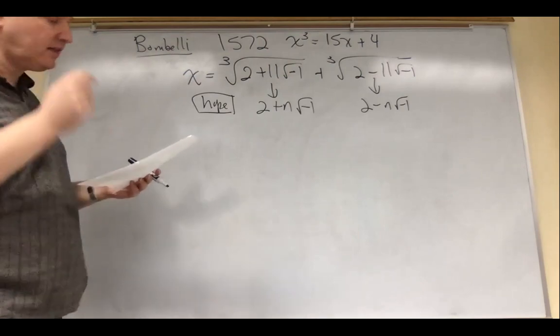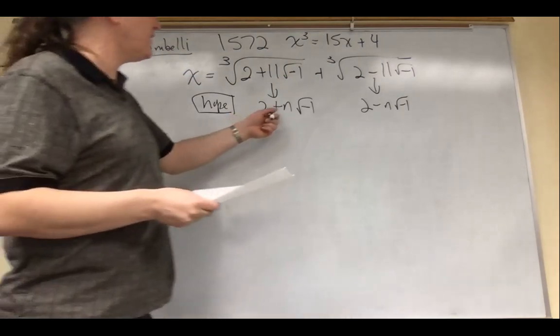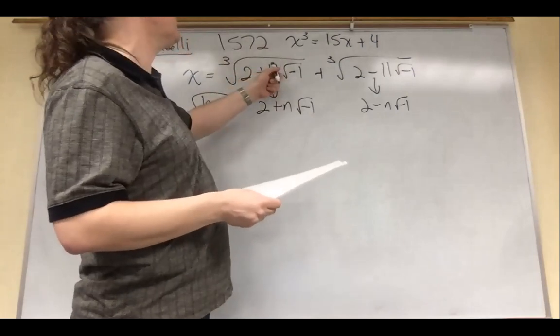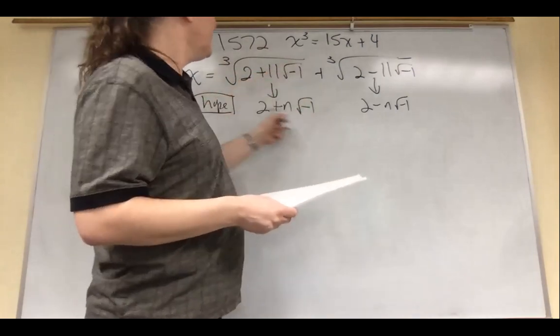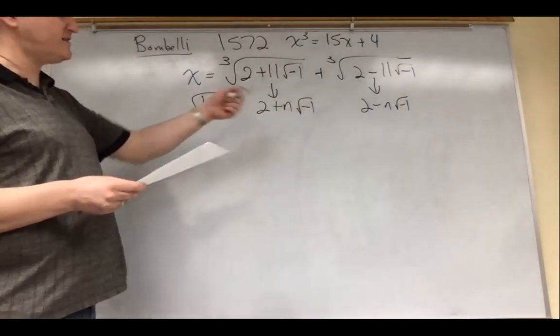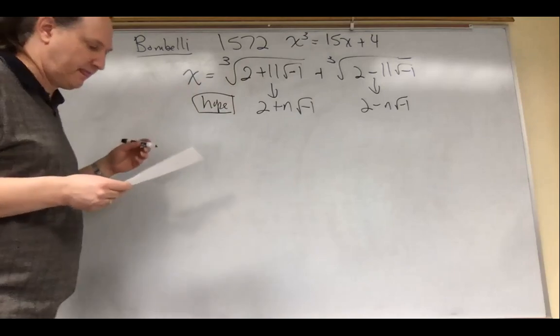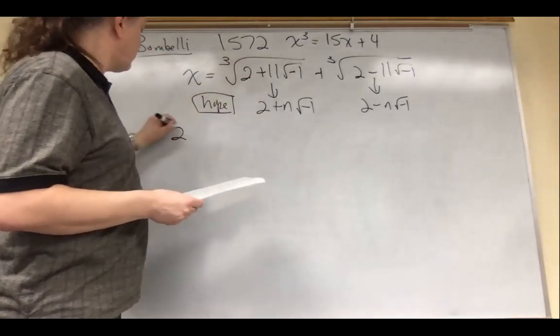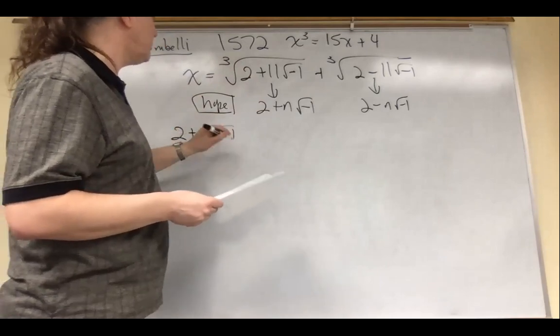And he said, well, can I then get that this cube root of 2 plus 11 times the square root of negative 1 is, in fact, 2 plus something times the square root of negative 1? So to check if this happens, Bombelli says, well, all right, let's cube both sides.